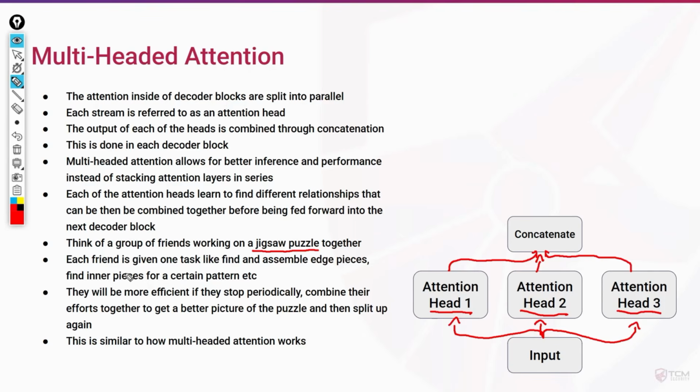Or, there's a picture of a flower or something like this flower that you see on the box. Find all those pieces and try and assemble that on your own. And then that group of friends, they'll be a lot more efficient if every once in a while they stop what they're working on individually and see if they can combine those together and get a better picture of the puzzle, right?